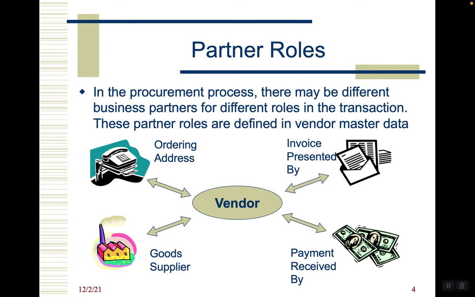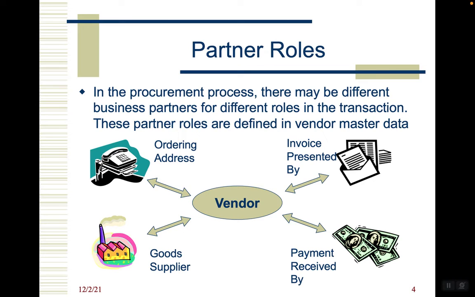So we have things like the ordering address, the invoice, basically what we do with the invoice and payments, and the actual goods supplier. These can be one organization we're dealing with, or they can be multiple. We could order through one organization, have it supplied from another, get invoiced by another, and send our payment to yet another organization.